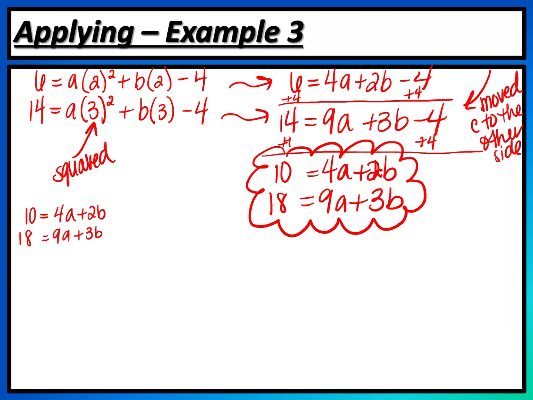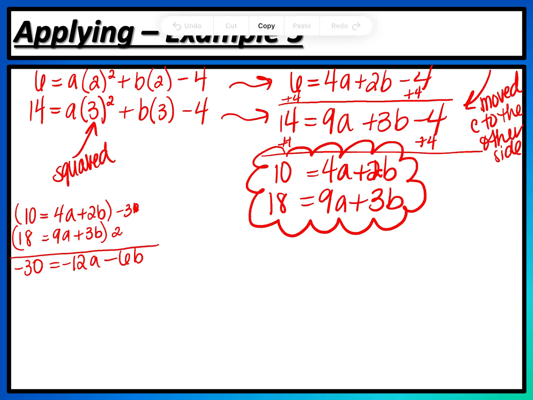All right, so I'm trying to get one of my variables to have the same coefficient so they cancel. Okay, I'm going to have to multiply. I'm going to multiply the top by 3. And I'm going to multiply the bottom by 2. And I'm going to use negative 3 on the top so that the signs become opposite. Okay, so I'm multiplying that all the way through.